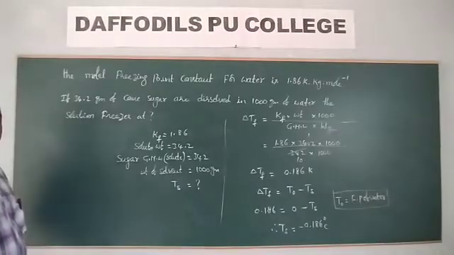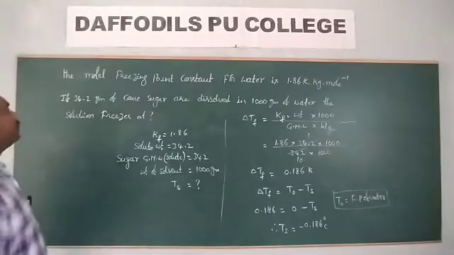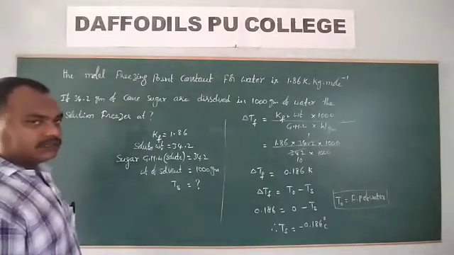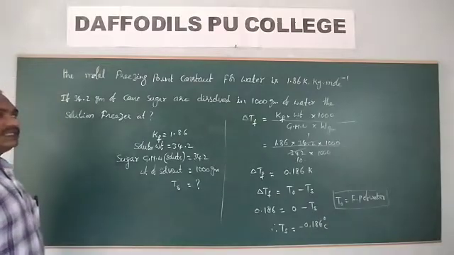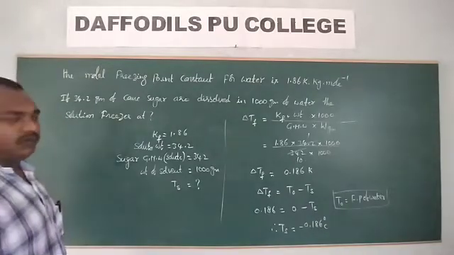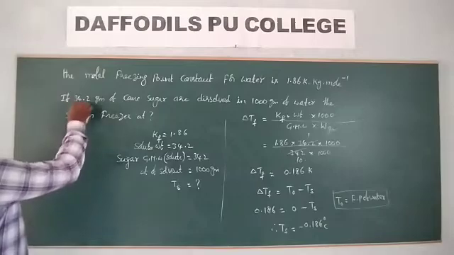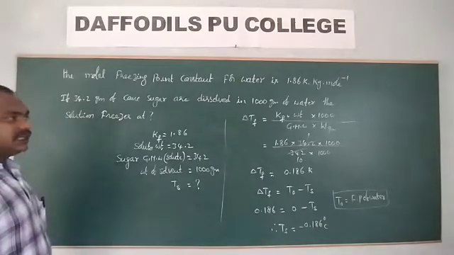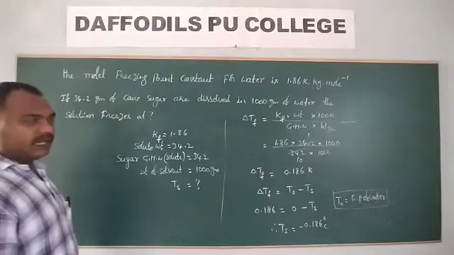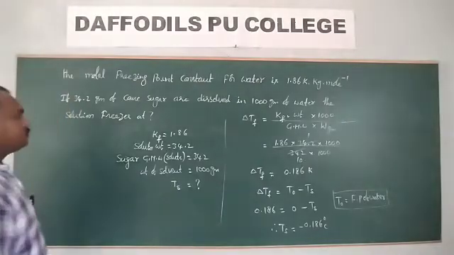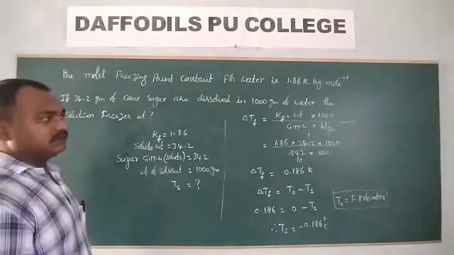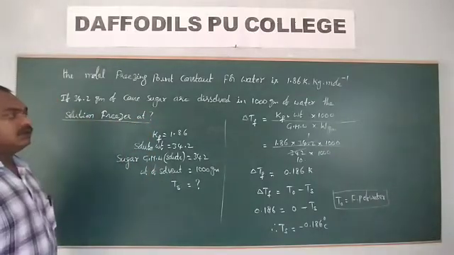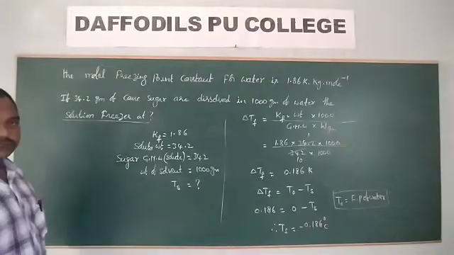Now look at the next problem. The molar freezing point constant for water is 1.86 K kg mol⁻¹. If 34.2 grams of cane sugar is dissolved in 1000 grams of water, the solution freezes at... So what is this asking?